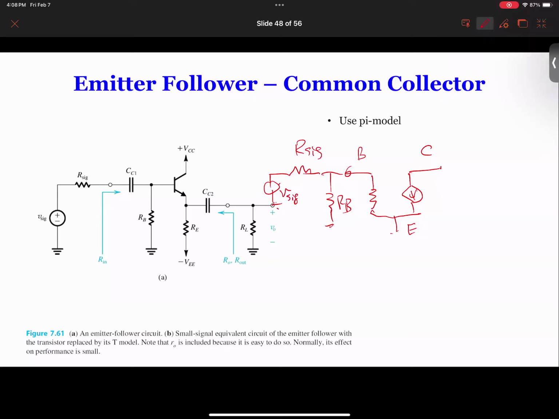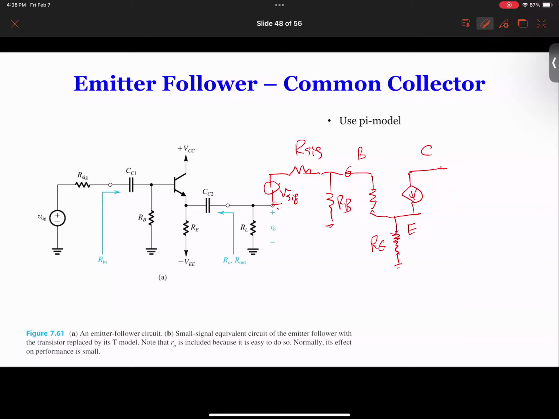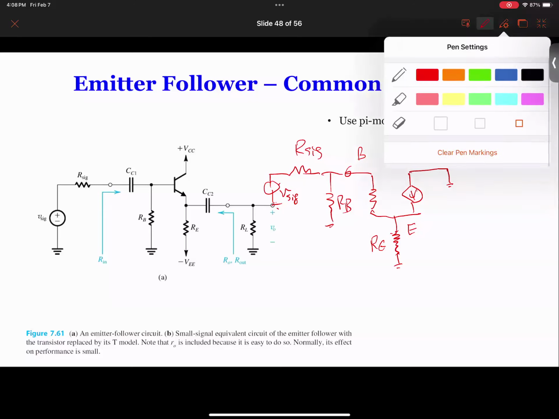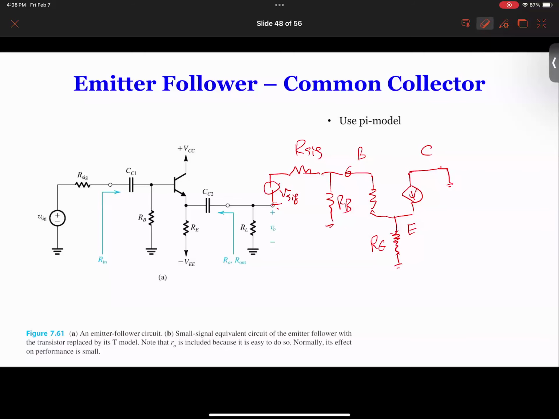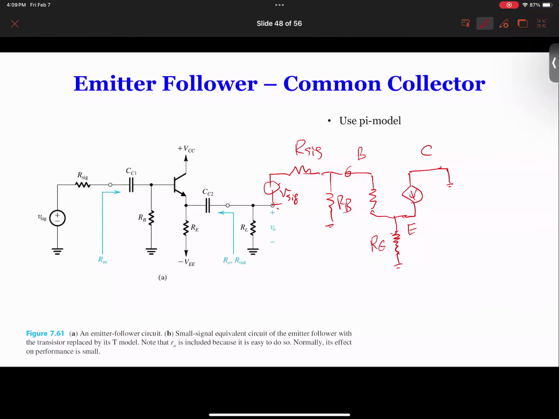Okay, and then the problem, of course, is the RE to ground, and then we have this. Oops, actually, it's another mistake here. The collector is actually grounded. And the output is over here.